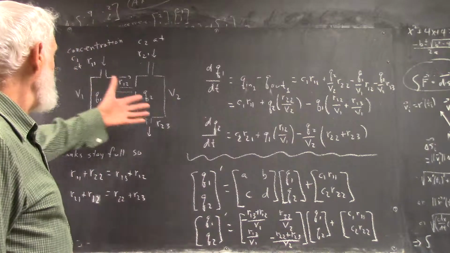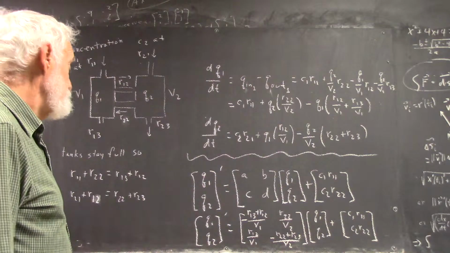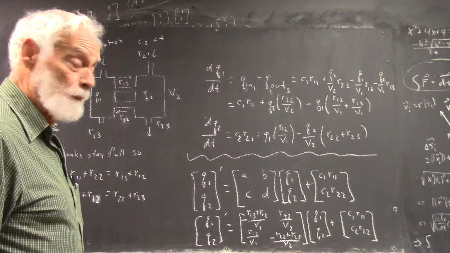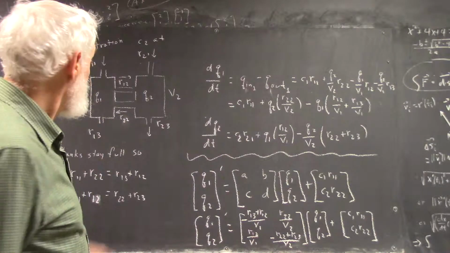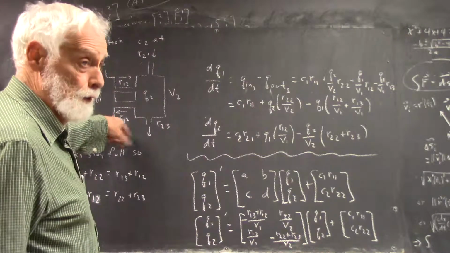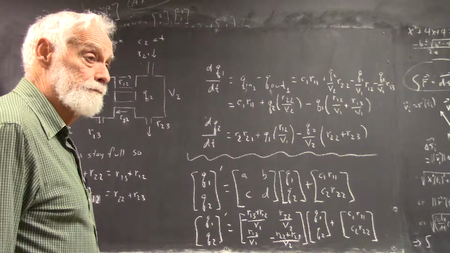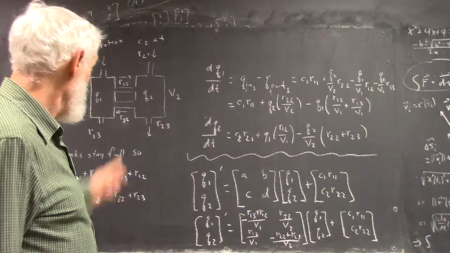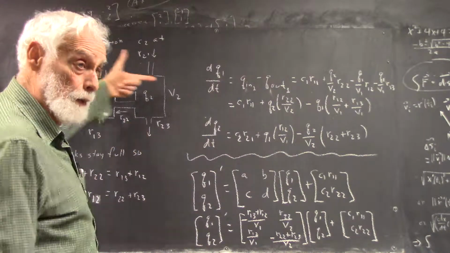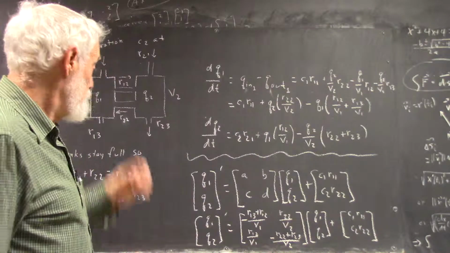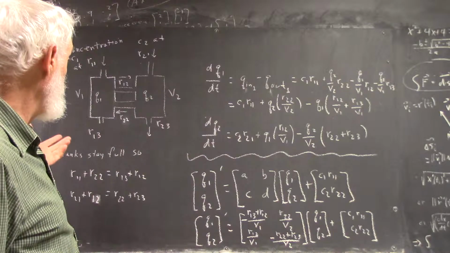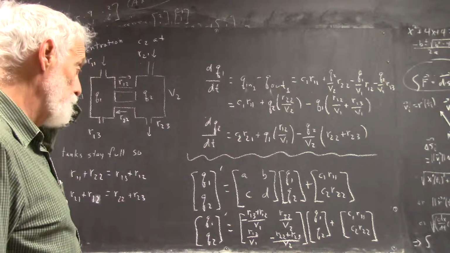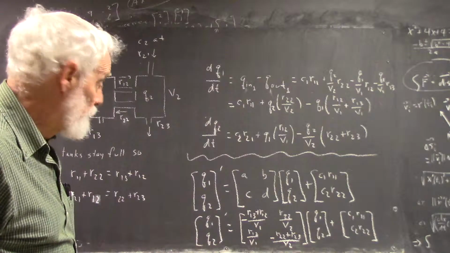If it happens that we don't have any inflow or outflow, just an exchange here, the equation gets much simpler. In other words, R12 and R22 are equal the way I've got it, because I've got R22 going this way and R12 going this way, right? So all we have to do is eliminate anything with an R11, an R13, an R21, or an R23, okay?